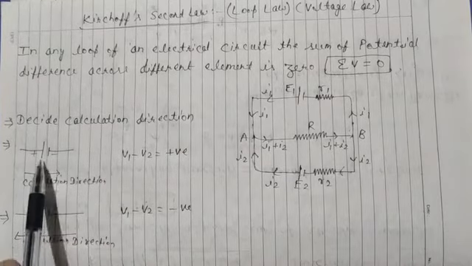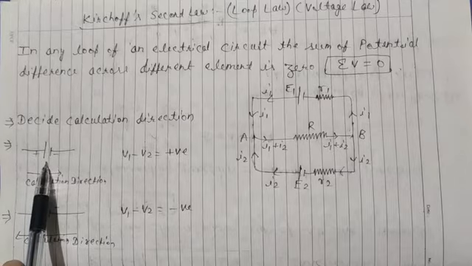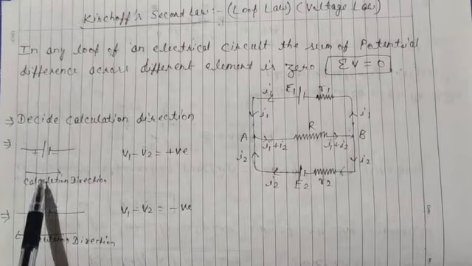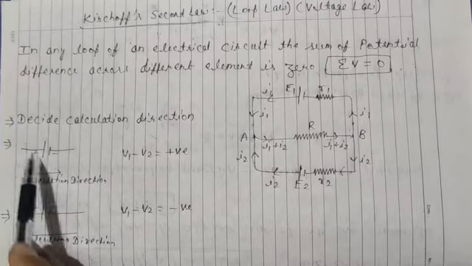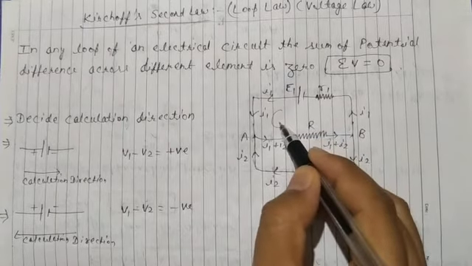And second, if we have a cell like this and our direction of calculation is this, we can go in this direction.